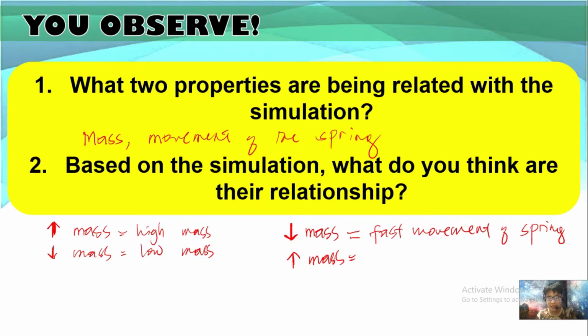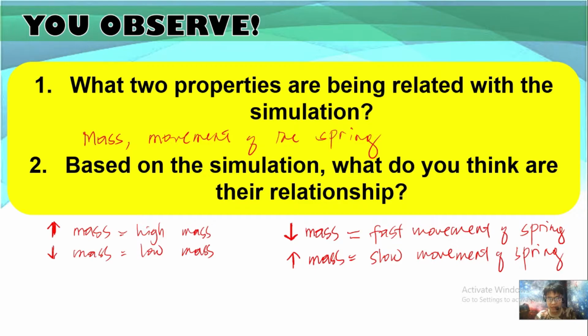So we have here slow movement of spring. So the simulation activity that you watched a while ago gives us an idea of how mass and the movement of the spring relate to one another. So that will be our focus for today.